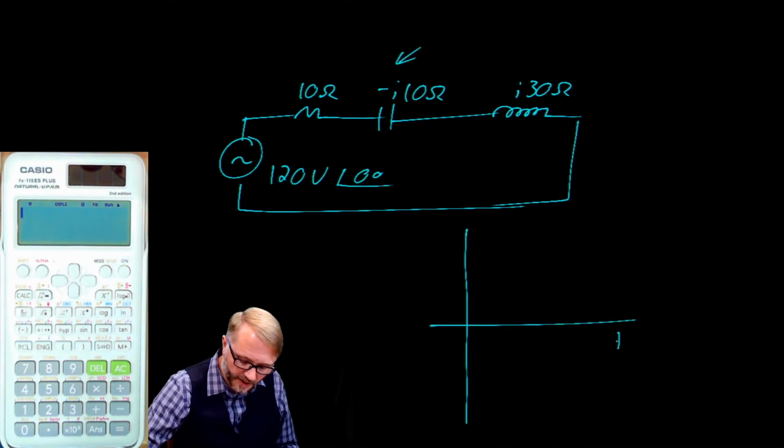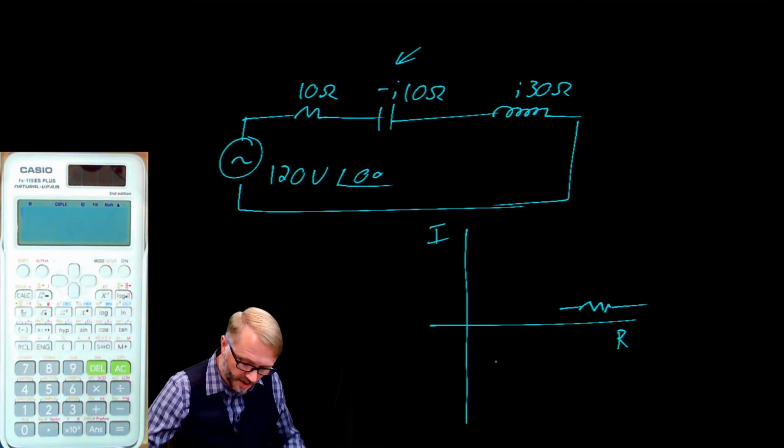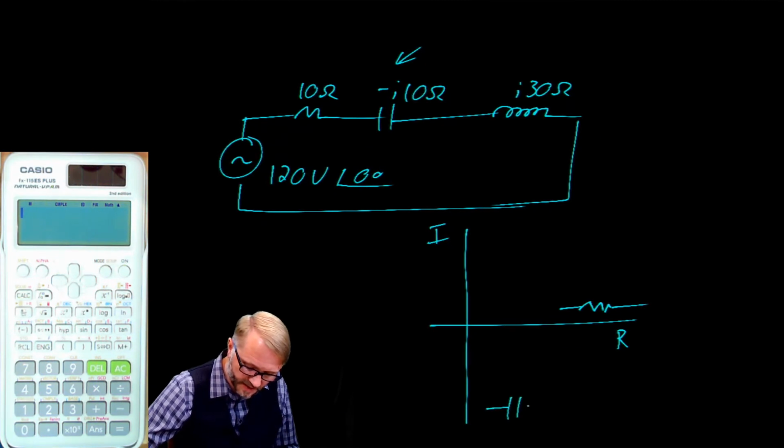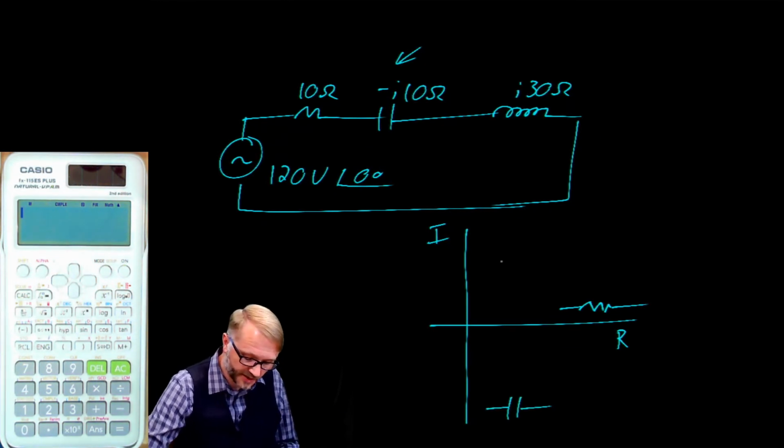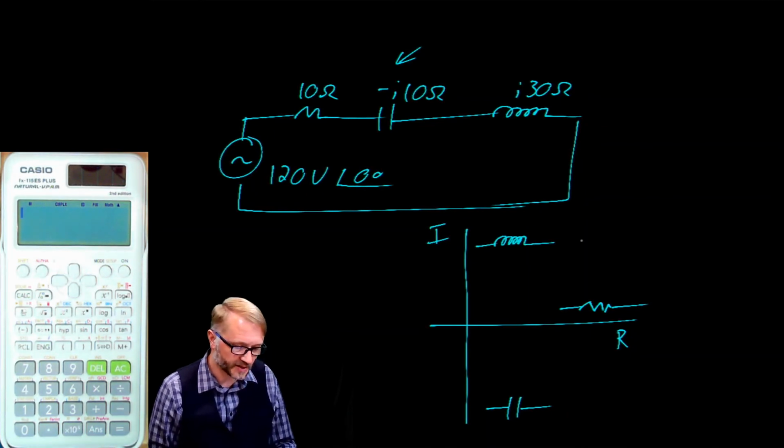If you look at that, you'll notice the capacitors are negative creatures. On our real imaginary axis, we would talk about resistors living on the real axis. We would talk about capacitors as being negative imaginary creatures, and inductors as being positive imaginary creatures.